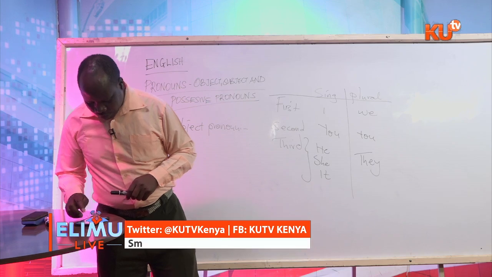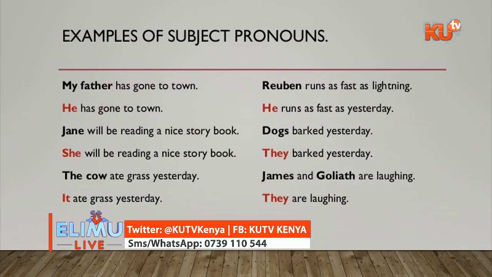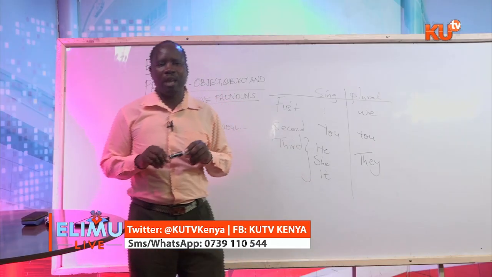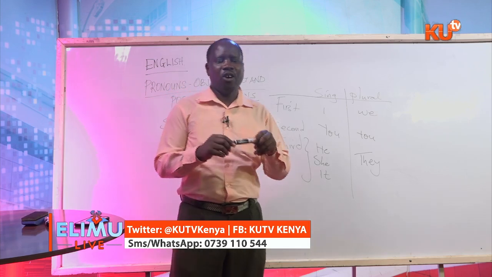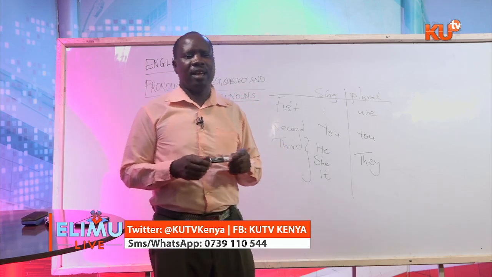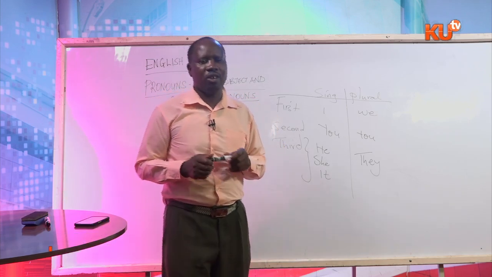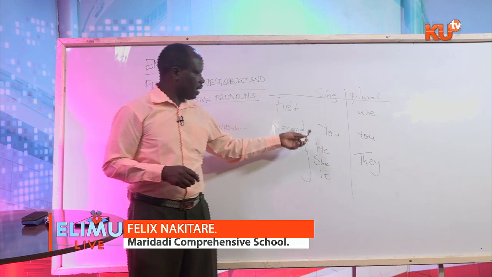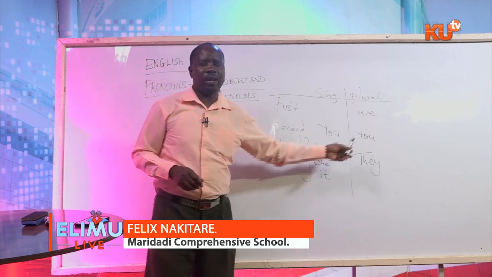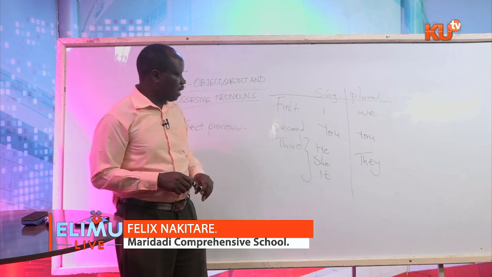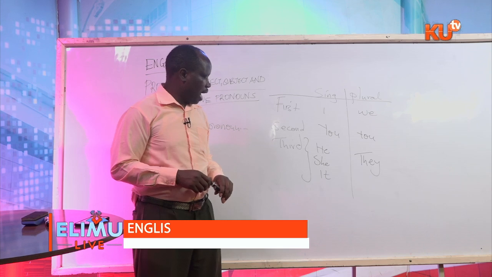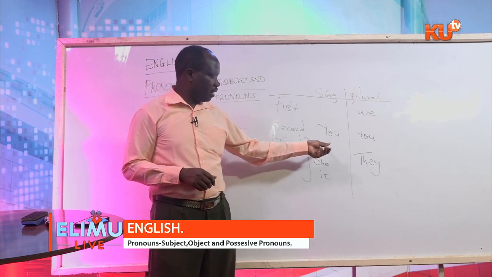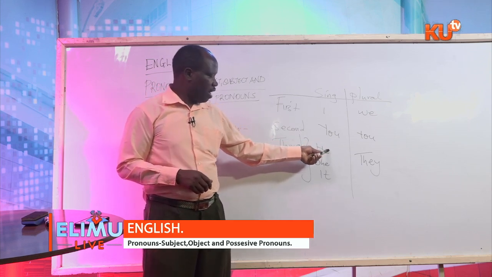Then finally, James and Goliath are laughing. In the place of subject, we have two nouns, James and Goliath. What are they doing? They are laughing. James and Goliath, those are two. When we look at our first, second, and third persons, singular and plural, James and Goliath are human beings. If it were one, we could have said he for a male, or she for a female.